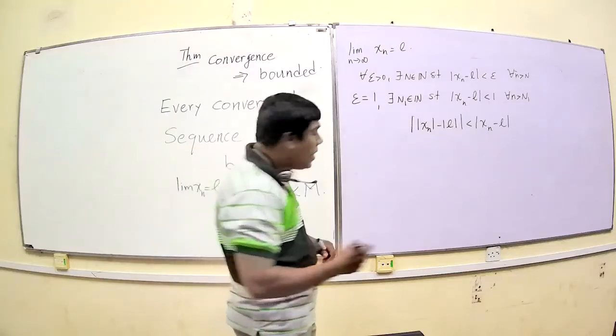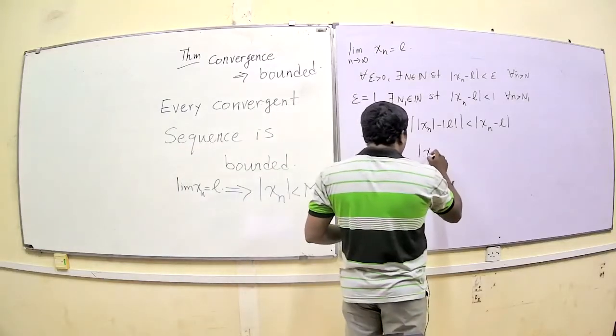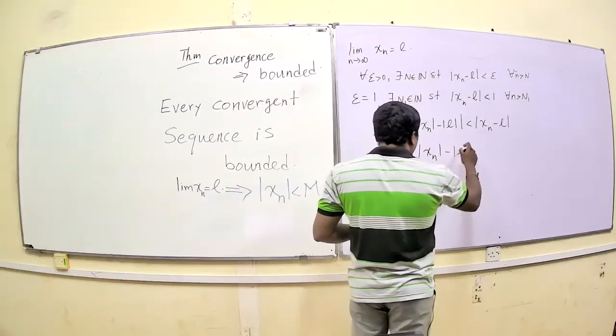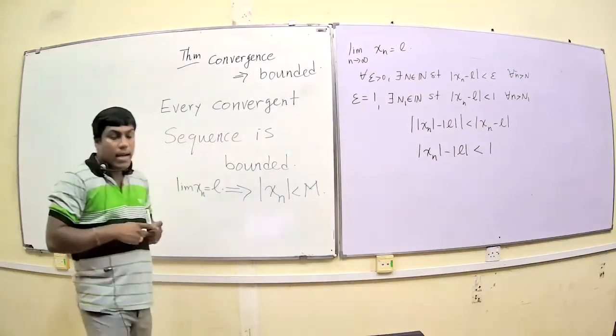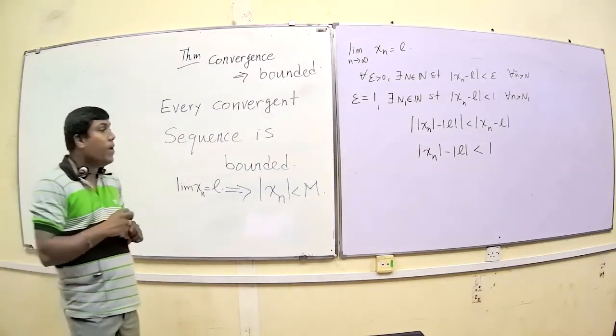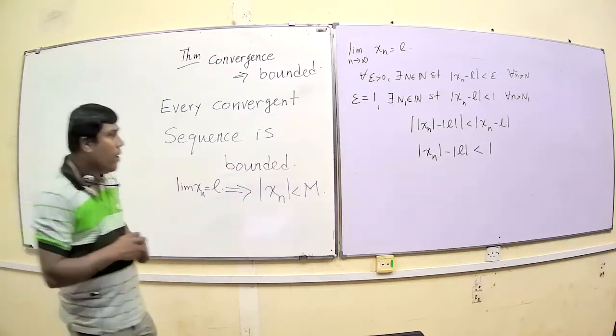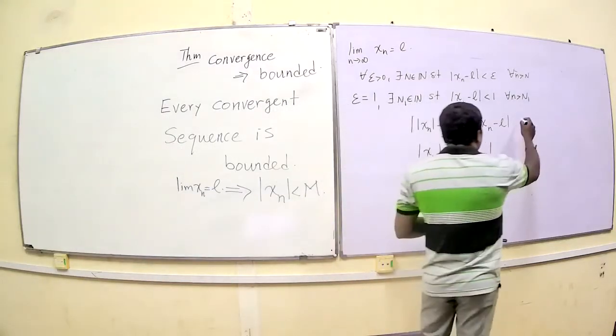So clearly, the absolute value of xn minus the absolute value of L is less than 1, because this one is less than 1.